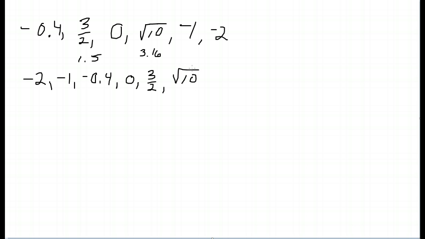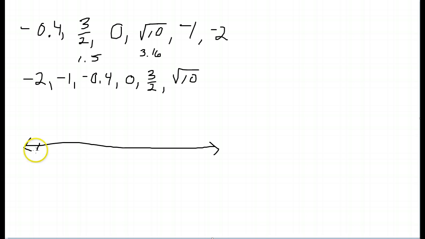Now, to put these on a number line, I need to first of all draw a number line. Okay. Now, I need to make it to where this goes anywhere between negative 2 and positive 4 because 3.16 is larger than 3.